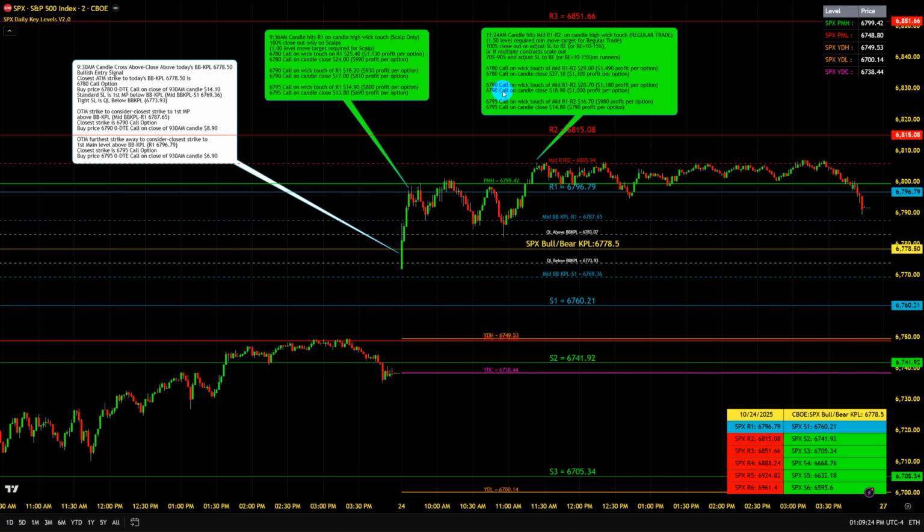But in this case, we did not get that type of move today, however, we did get the minimum required 1.5 level move, and that happened on the wick of this 11:24 a.m. candle.